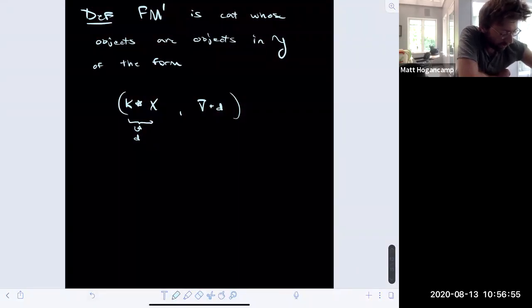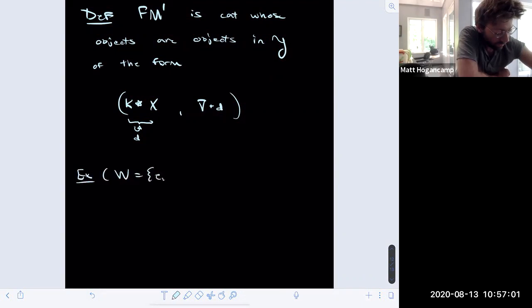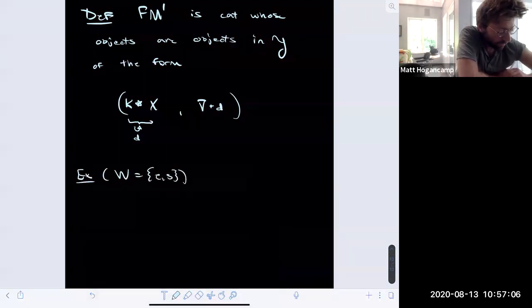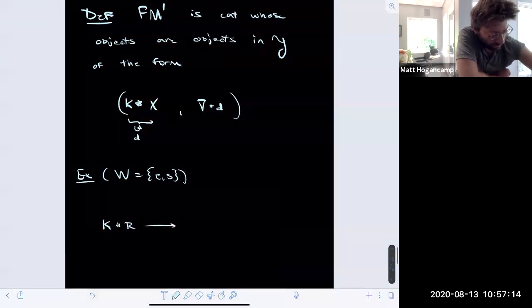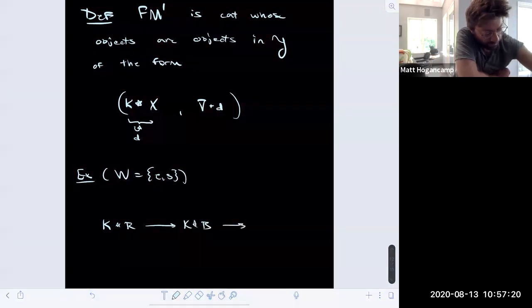For example, in rank 1, we have this complex of Soergel bimodules from the previous example. Again, I'm omitting all the grading shifts here.